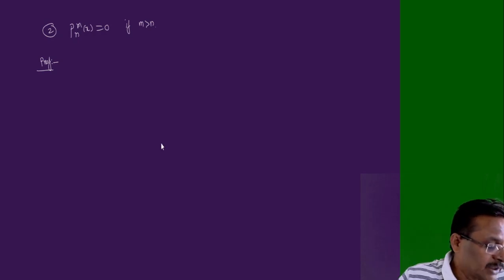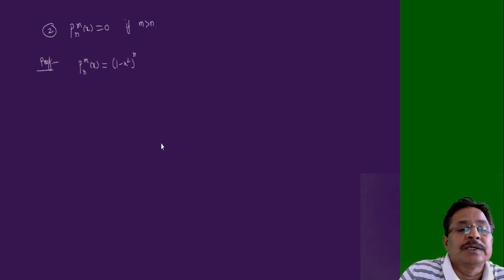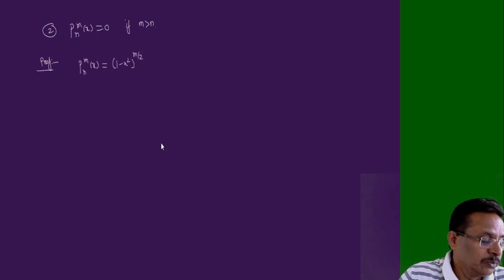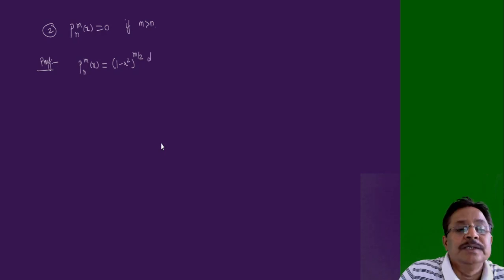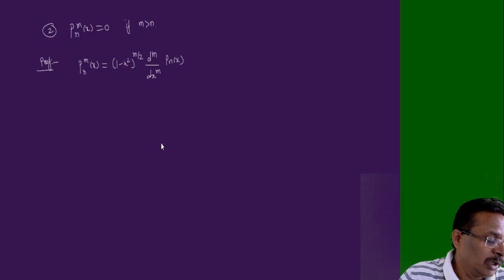So let's go for next. We again write this. P_n^m(x) is equal to (1 minus x squared) raised to m by 2, and then d^m upon dx^m of P_n(x). So this is getting the associated Legendre polynomial from the normal Legendre polynomial.